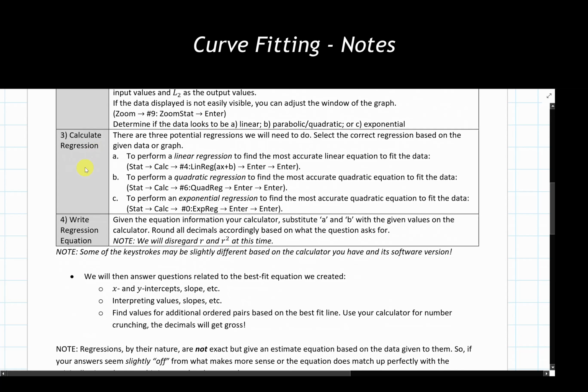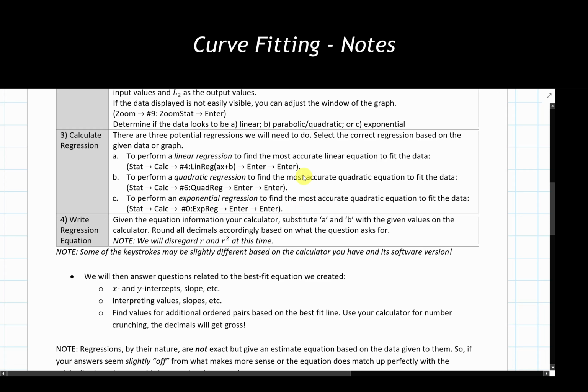The third step is where we're actually going to calculate the regression, and by calculate, I mean the calculator is going to do all of that heavy lifting for us. Once we've determined which of our three types of regressions we need to be doing, we're going to follow one of the three potential button sequences listed here to tell the calculator to do it.